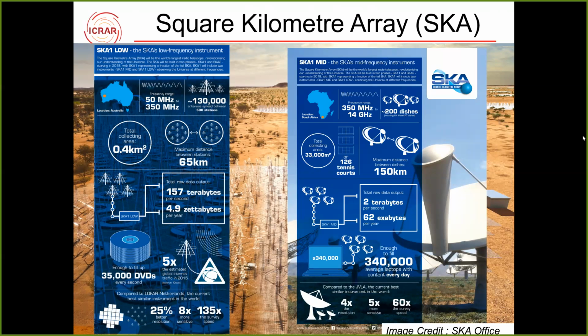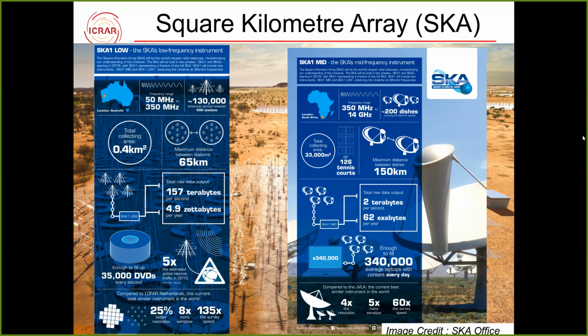So as you might know, the low frequency component of the Square Kilometre Array, or SKA-Low, will be built here in Western Australia, specifically in the Murchison Radio Astronomy Observatory, or MRO. It will observe at frequencies between 50 and 350 megahertz, will be composed of 512 stations, each 256 dual polarized antennas, so altogether nearly about 130,000 antennas, and they will be distributed over an area of about nearly half kilometer square.